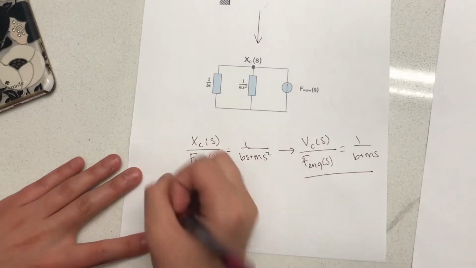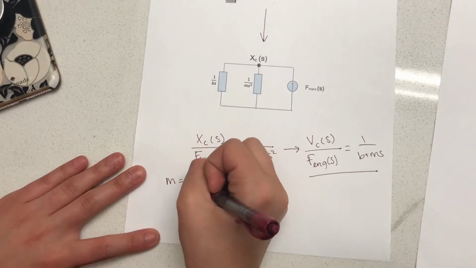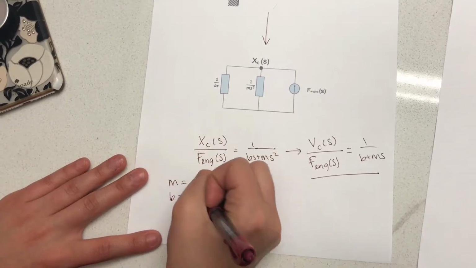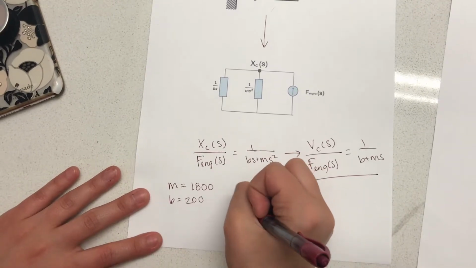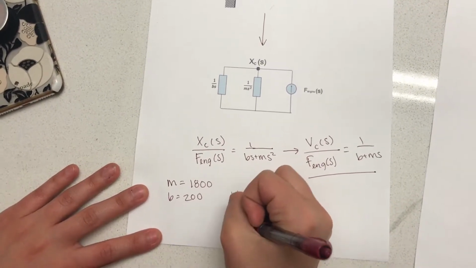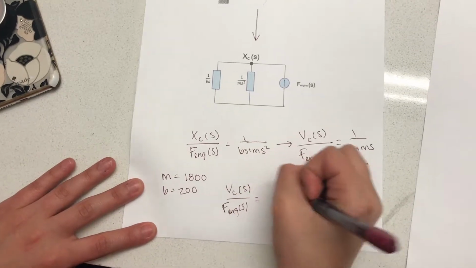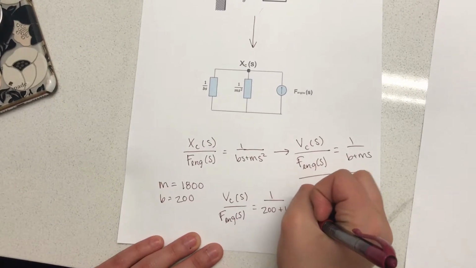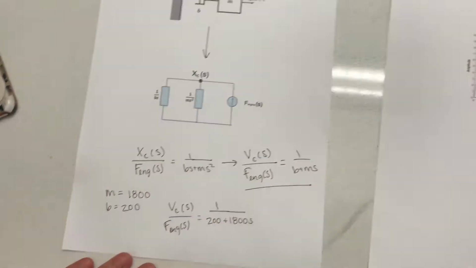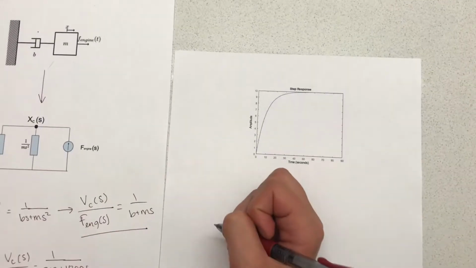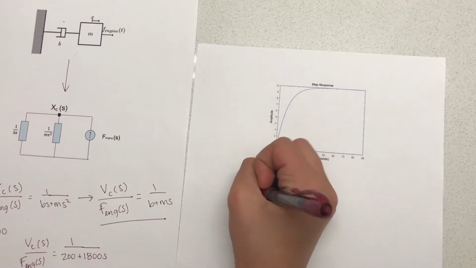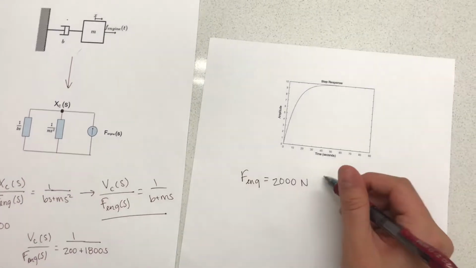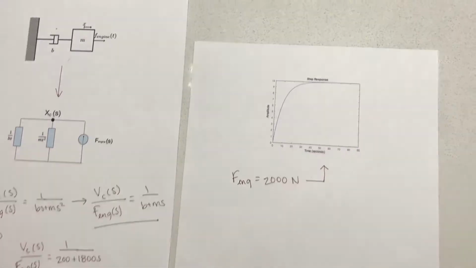And when you plug in our values, m equals 1800 and b equals 200, we get V_c(s) over F_engine(s) equals 1 over (200 plus 1800s). And from there, we also know that our F_engine equals 2,000 newtons, which gives us our step response diagram.